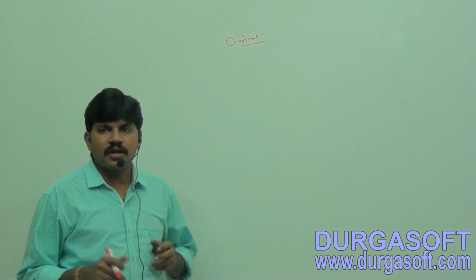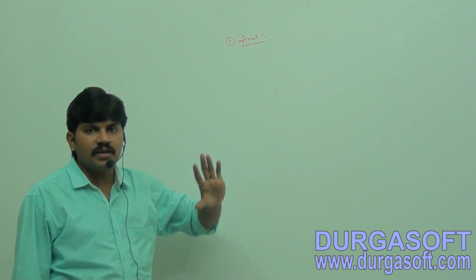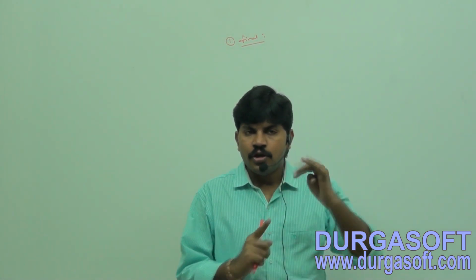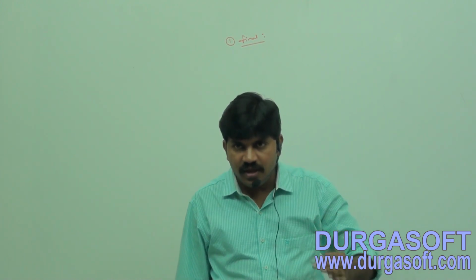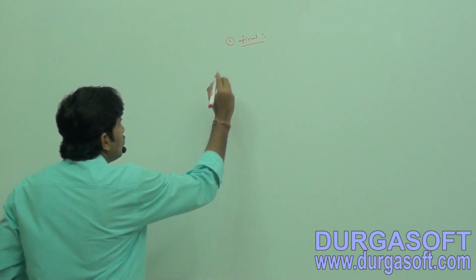Okay, that's all. Are you getting the point? So what is final? Final is the modifier applicable for classes, methods, variables. If a class is final, if a method is final, if a variable is final. Clear for you, right?